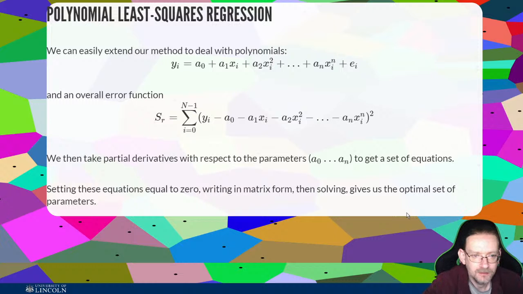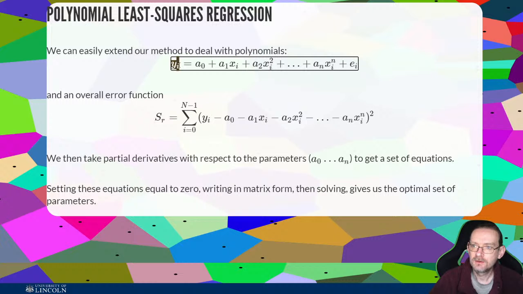Now let's think what happens if we have not just a straight line, but some general polynomial. So I've got my data points, the same set of data points. Obviously a different data set, but I'm calling them y again.